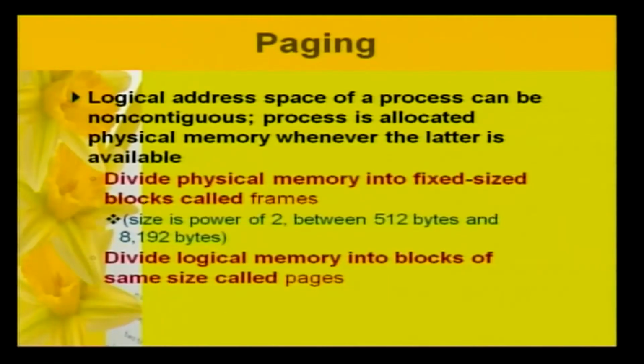Paging involves translation of logical address to physical address, which we refer to as address translation. In paging, the logical address space of a process can be non-contiguous. It can be in bits and pieces distributed over the entire storage area.